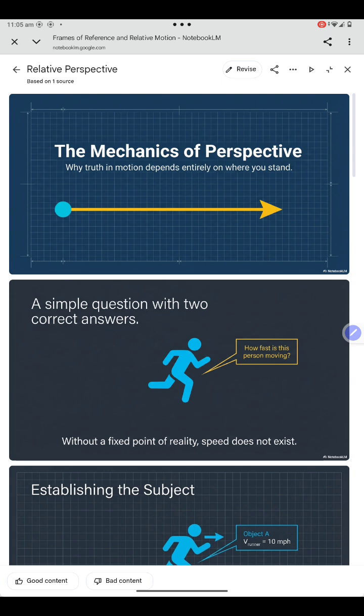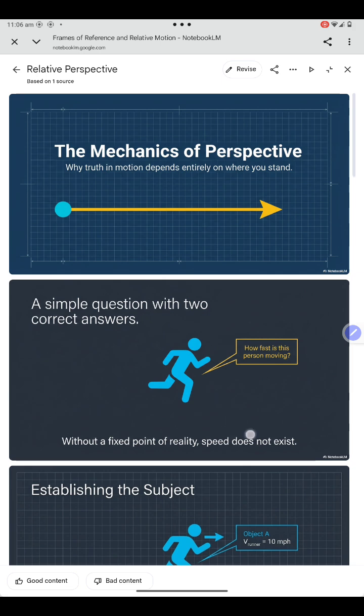Now here is the mechanics of perspective: why truth in motion depends entirely on where you stand. This is giving you an idea that if you are inside the moving object and if you are outside at a fixed position, then the motion is different.